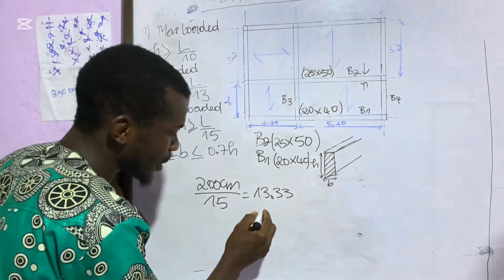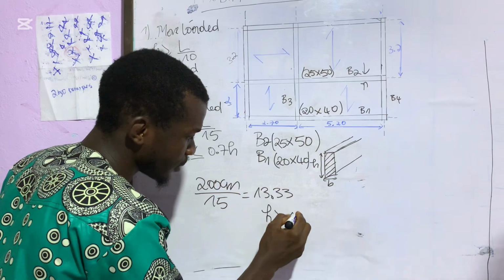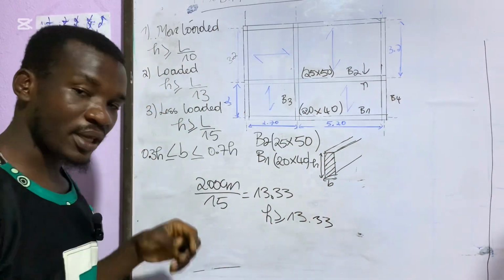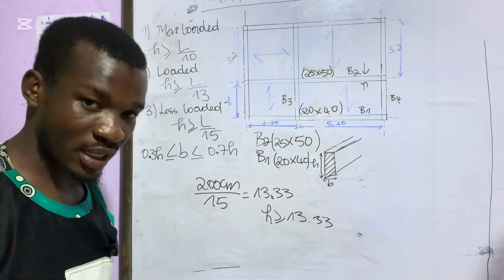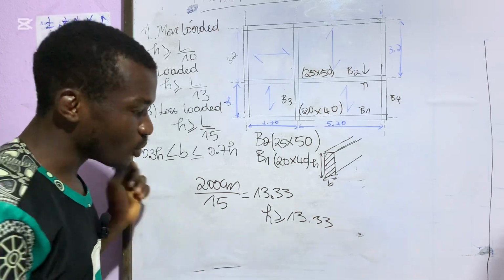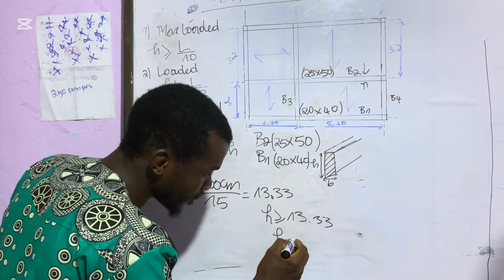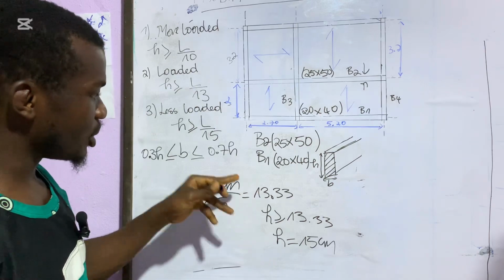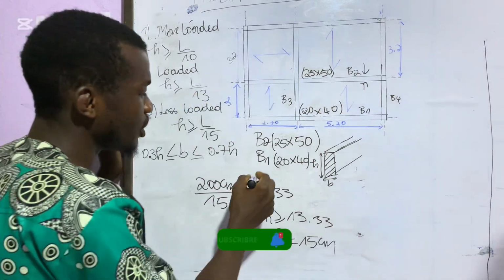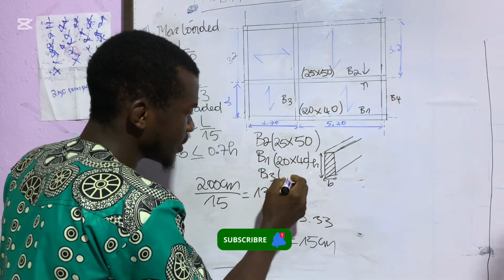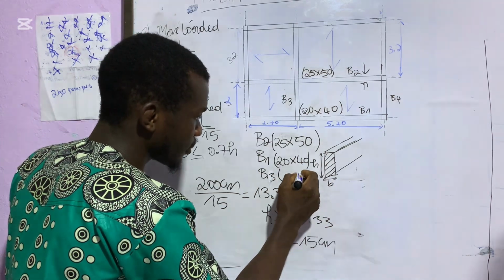Now we know that h should be greater or equal than 13.33. For the sake of implementation, and to respect also the condition, we will just take h equal to 15 centimeter. For this case, our B3 will have a depth of 15 centimeter.